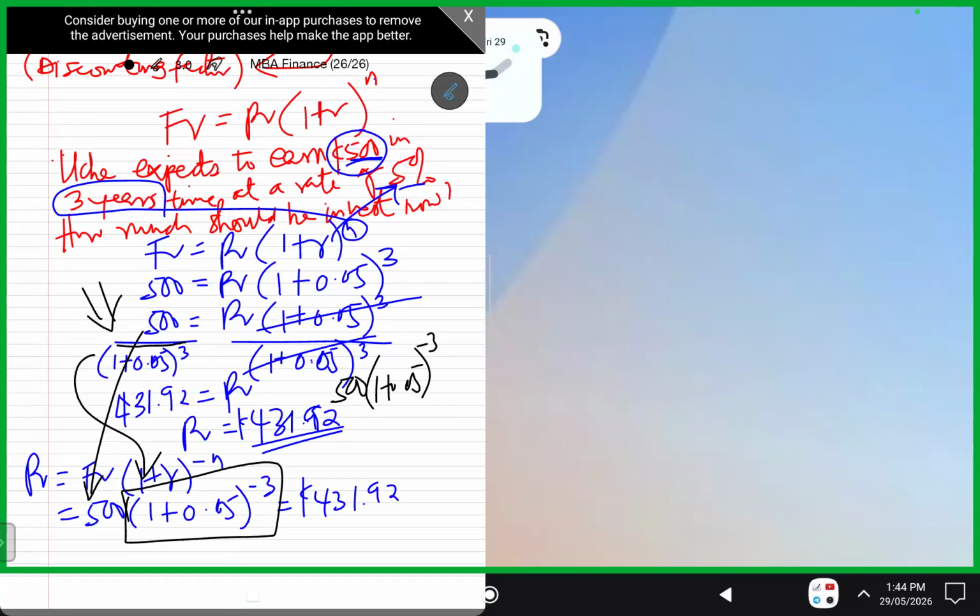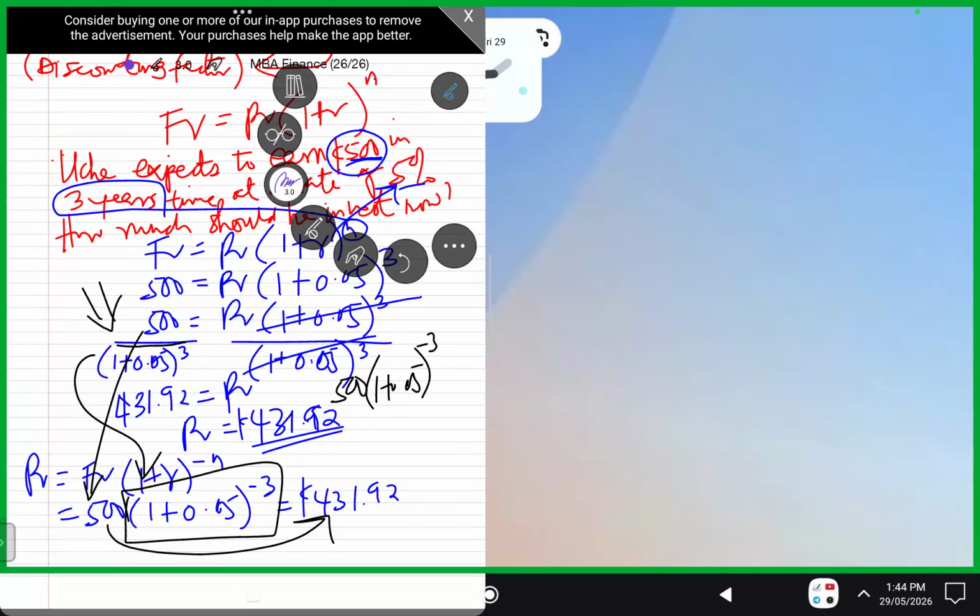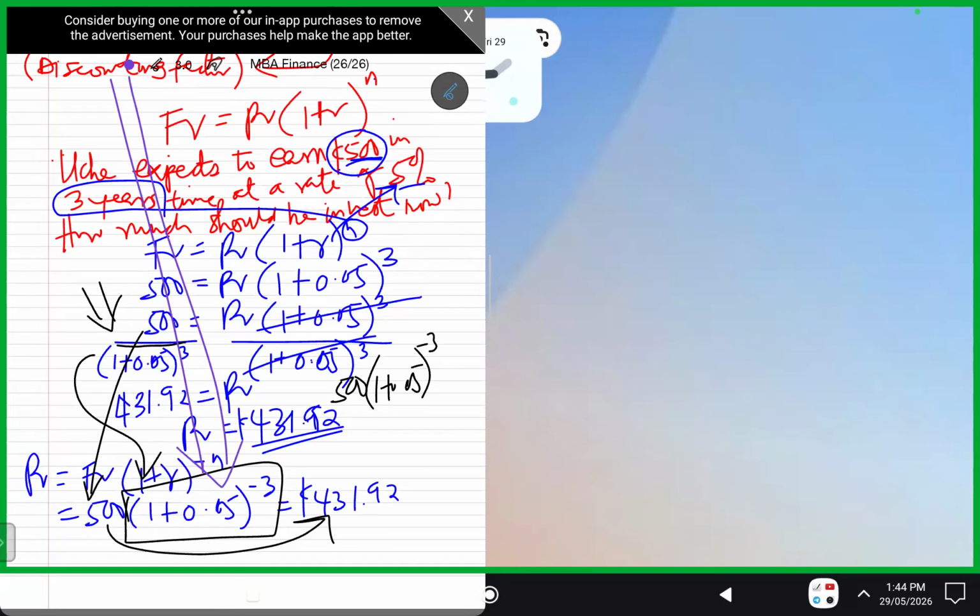So what enabled the 500 to become 431.92 is the discount factor. What is the formula for the discount factor? Discount factor is (1 plus R) exponent negative n.